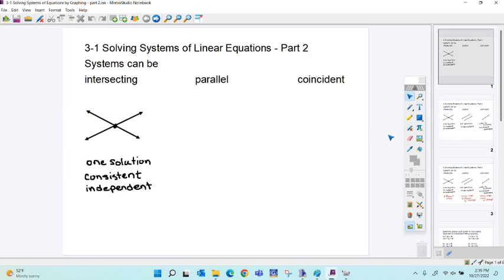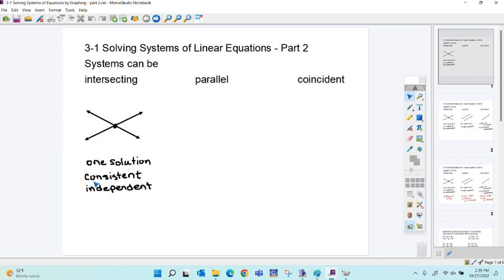No, I'm not showing you an easier way yet. We're going to get to the other ways of doing it, but I can't show you right now. The idea is there are some words that mean these different types of solutions. If they intersect in one spot, they have one solution.